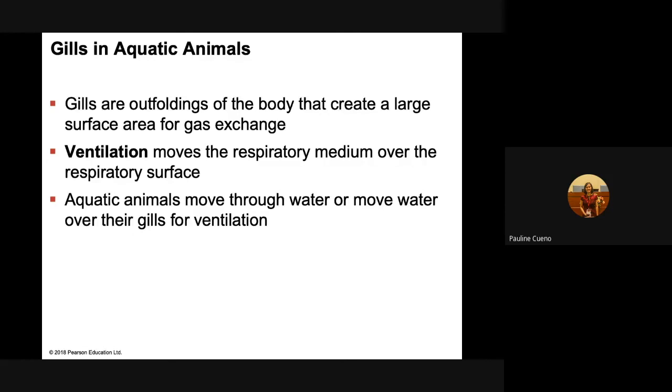So, the ventilation process moves the respiratory medium over the respiratory surface. So, yung aquatic animals move through water or move water over their gills for ventilation. Kaya napaka-imposibleng mamatay ang isang isda dahil sa pagkalunod. Okay? Commonly kasi namatay talaga mga isda, natural death or pwedeng poisoning, yung sa mga dynamite, fishing, ganyan.